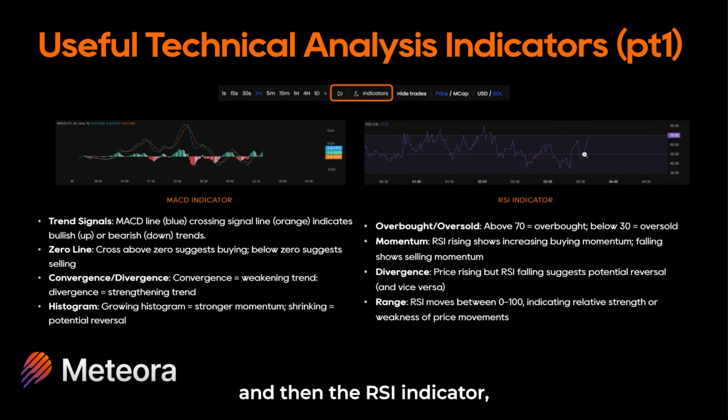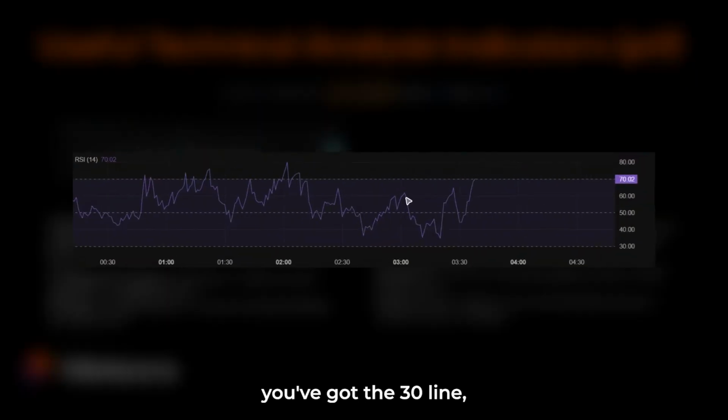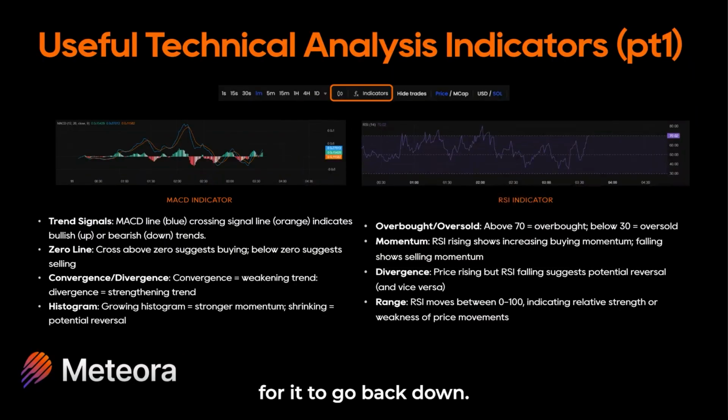And then the RSI indicator, this is a very simple one, really. When we look at it, you've got the 30 line, the 50 line, and the 70 line. This is the price action that's happening. Generally speaking, whenever the price goes above the 70 line, that's usually an indicator that the token has been overbought and it may be time for a reversal, for it to go back down.